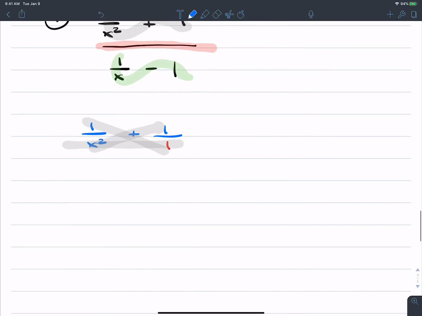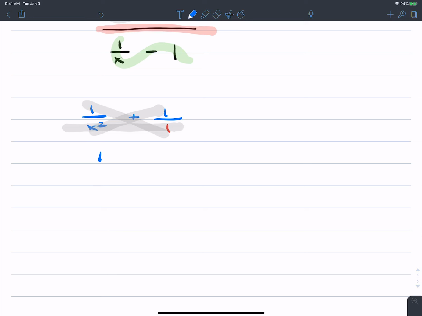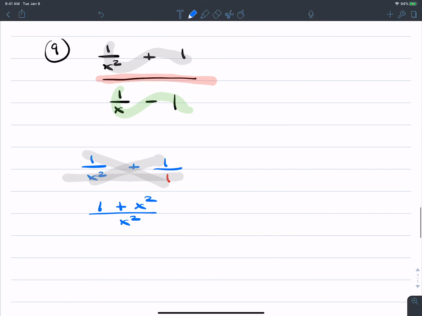When we do that, we get 1 plus x squared for a numerator over x squared times 1, which is just x squared. So this is my numerator for this fraction, 1 plus x squared over x squared.